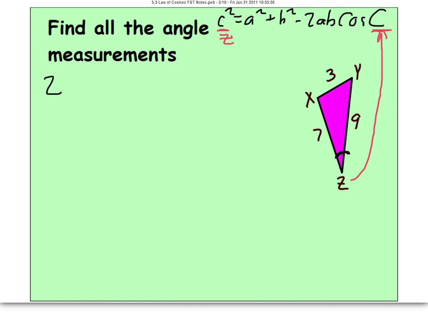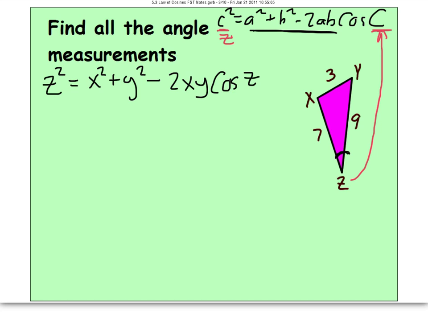We want to have Z squared because I want to end it with the cosine of Z. And then I fill in the formula with the other two letters, in this case x and y. So it'll be x squared plus y squared minus 2 times xy times the cosine of Z.